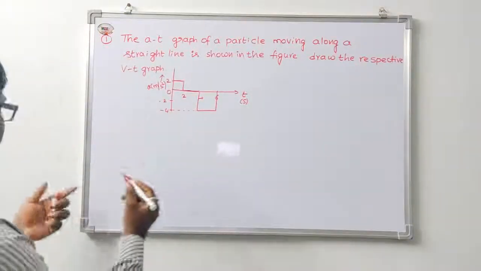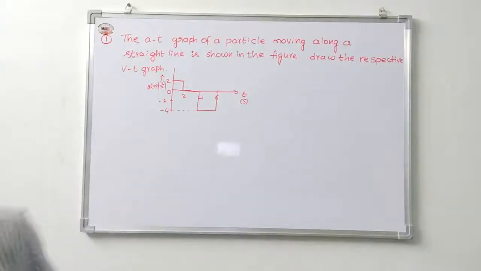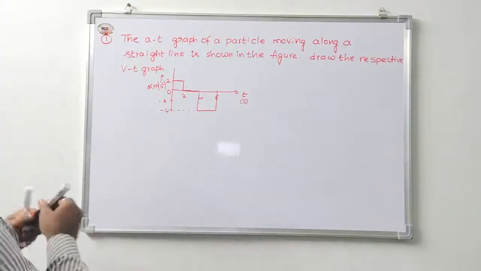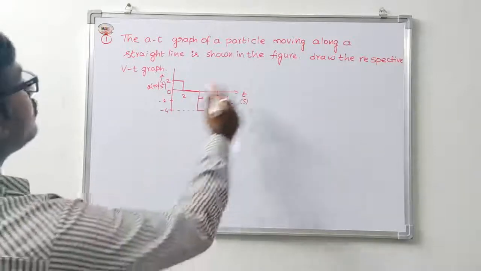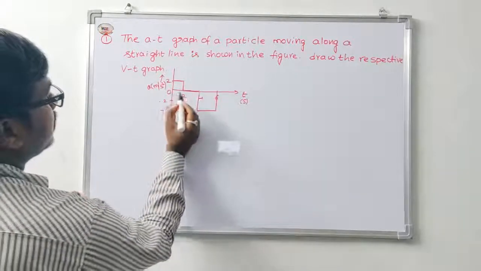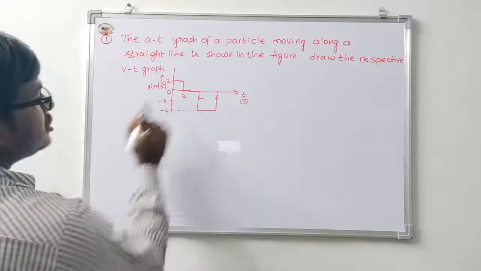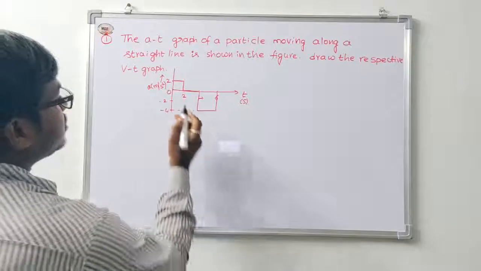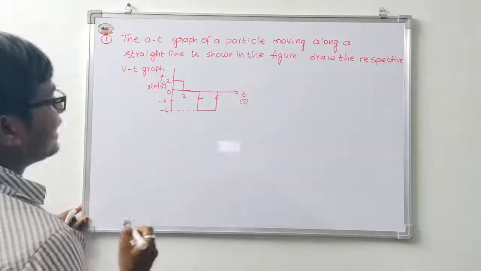Okay, the first one: the acceleration time graph of a particle moving along a straight line. First, the initial velocity is 0. The time interval, students, is t equal to 0 to 2 seconds.